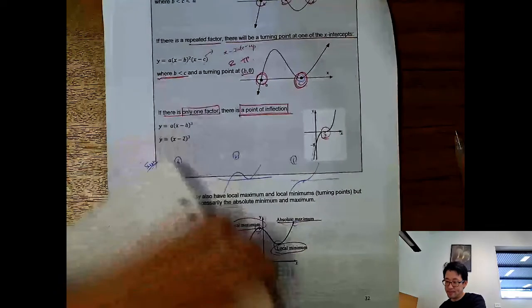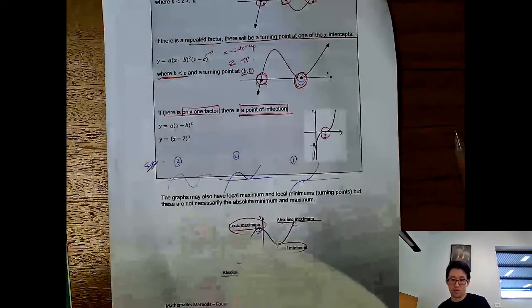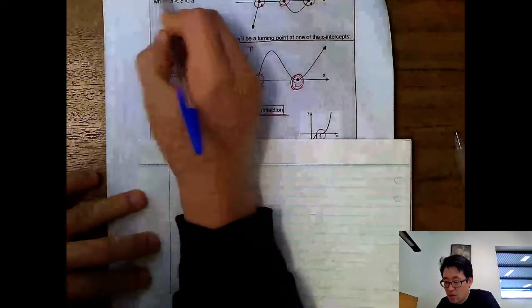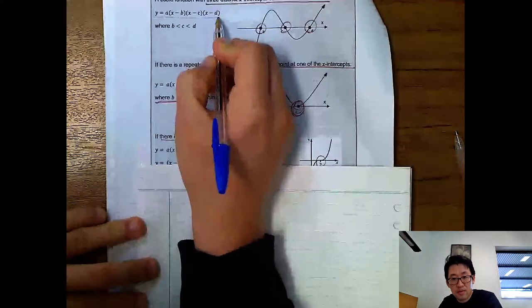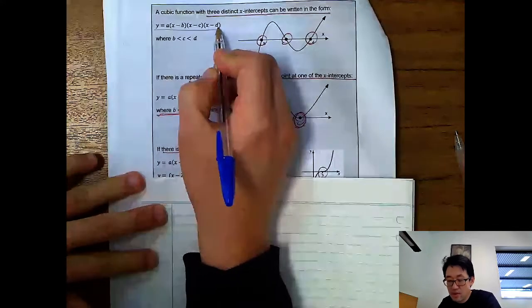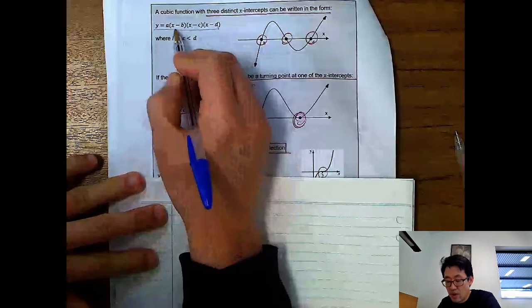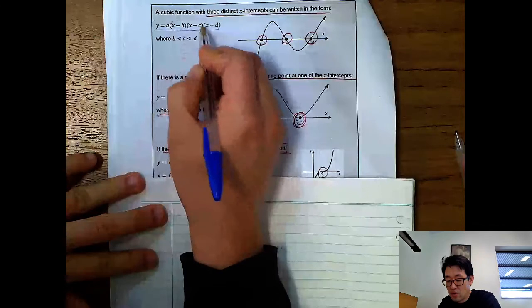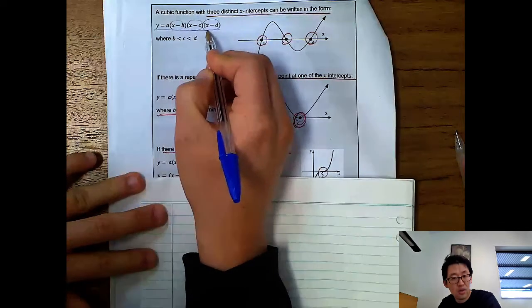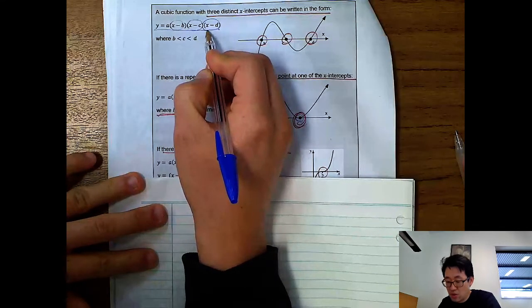The easiest way to remember this, because we're only doing patterns, rough drawing, is that this is already factorized, isn't it? So we have 1, 2, 3 roots or solutions.